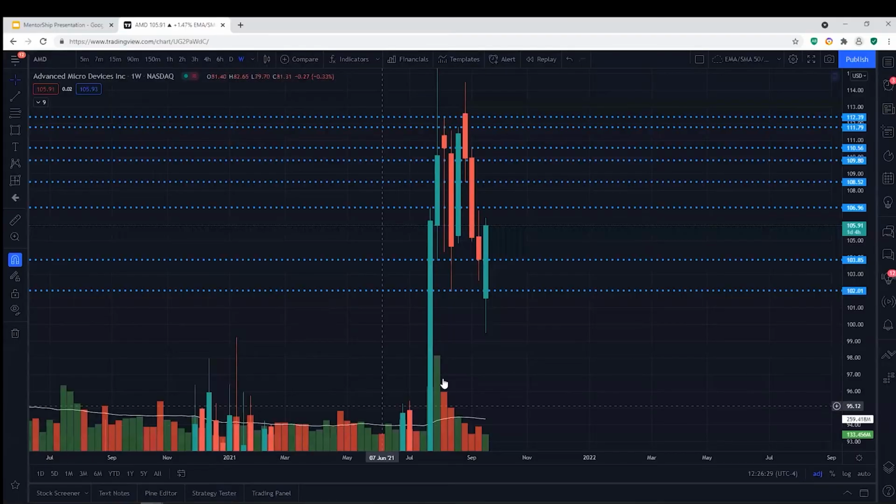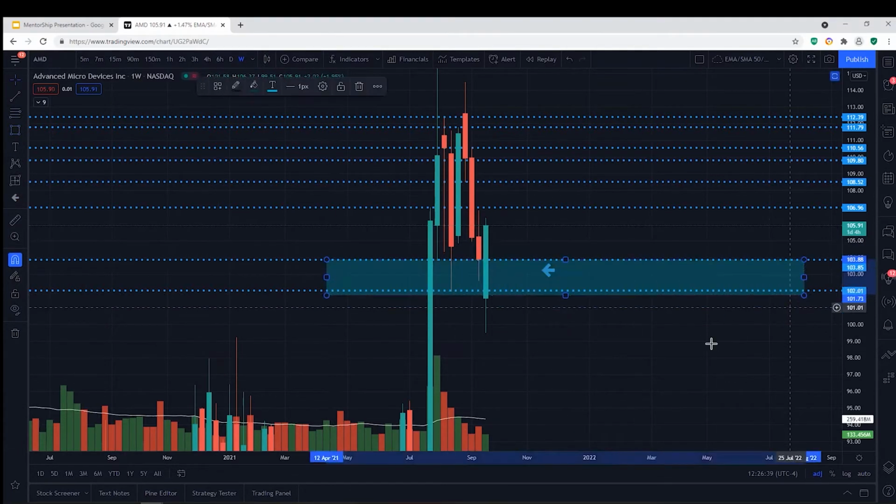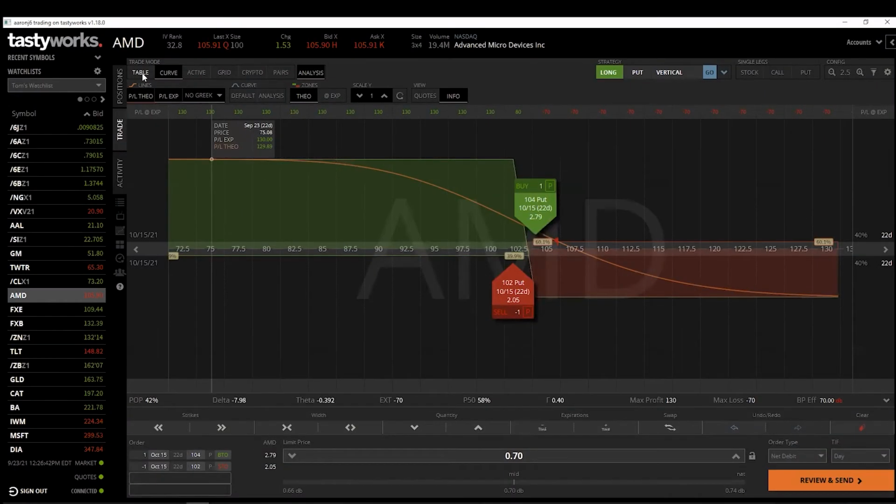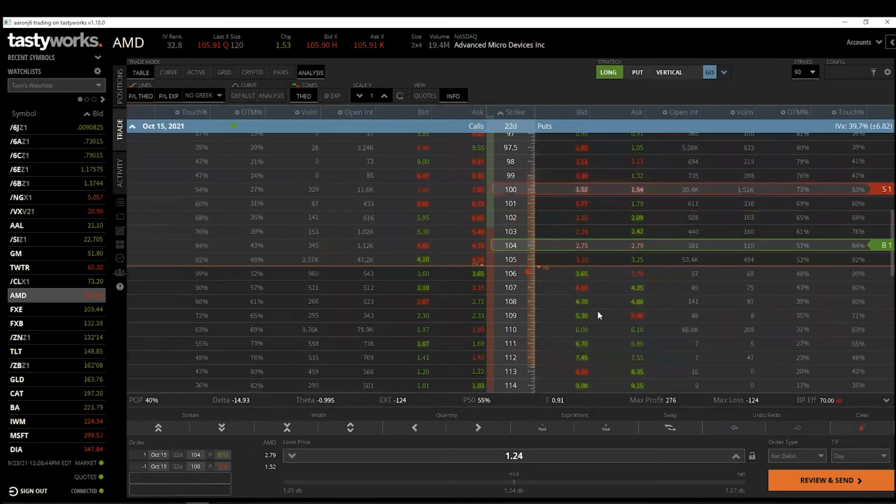So let me map that out. Something like that. So I would be structuring it between this box right here. You can even do something further out if you wanted to, maybe something like this. Yeah, that'd probably be a little bit better actually. So let's do 104, 100.